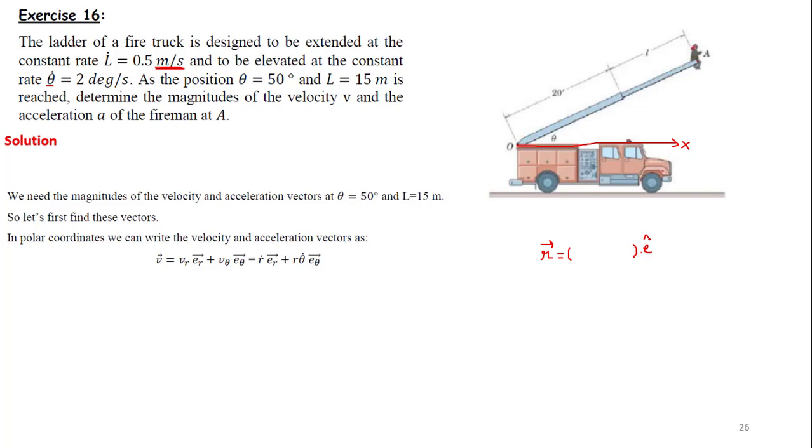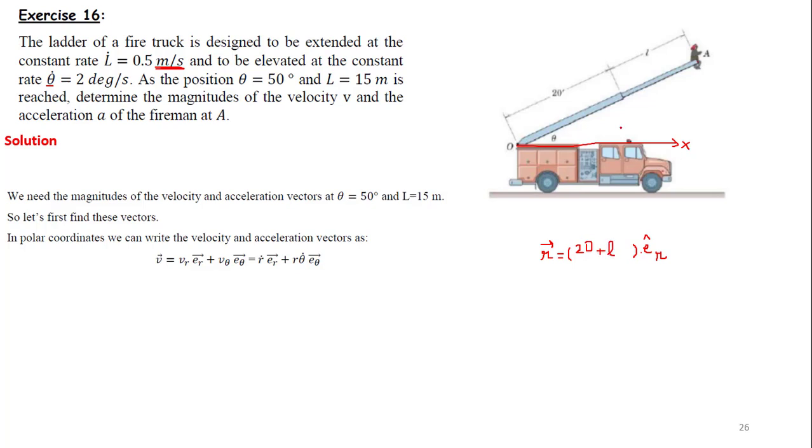So let's draw ER and let's draw E theta on the figure. Here we can see that we have a certain circle. So this is the radius. The radius here is equal to 20 plus the variable L. So it's equal to 20 plus L.